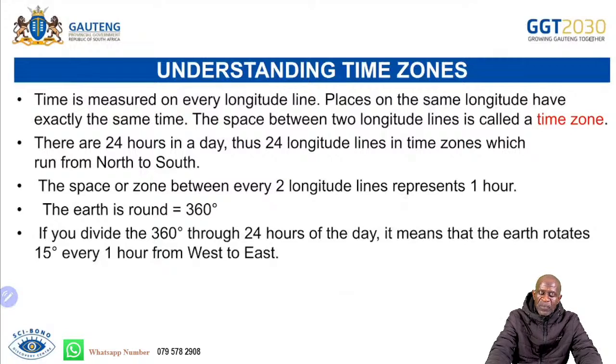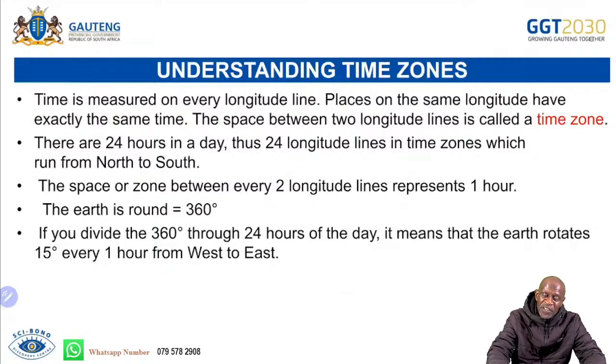Places of the same longitude have exactly the same time. The space between two longitude lines is called a time zone. So we are trying to define what a time zone is.